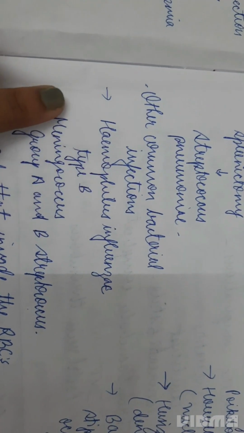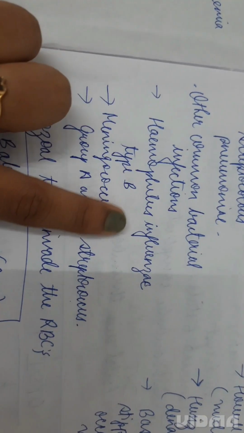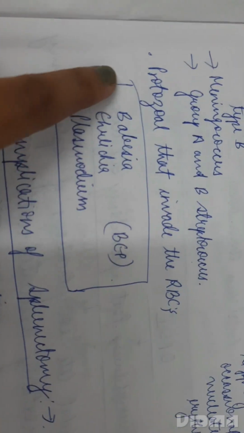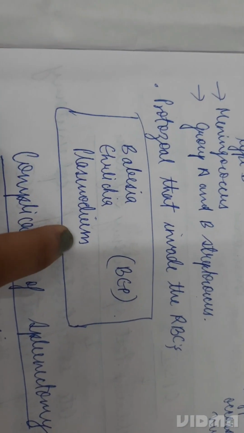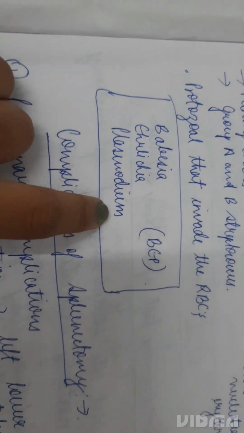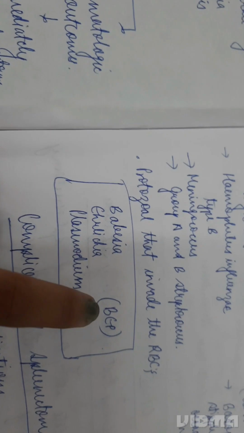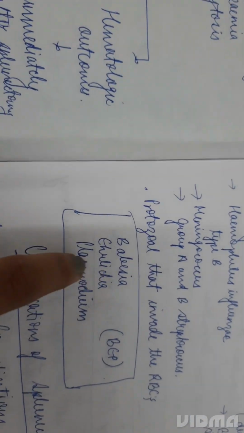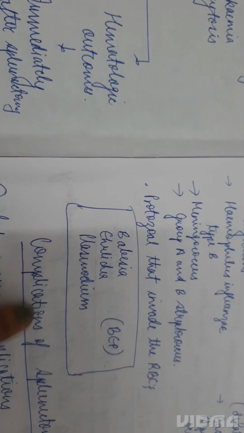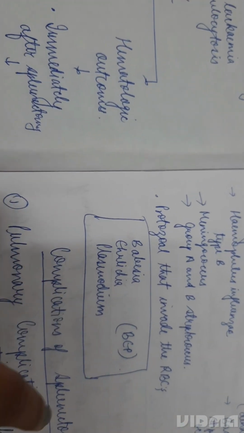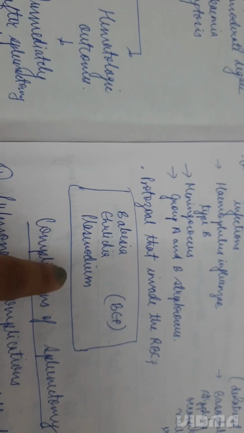The most common infection after splenectomy is Streptococcus pneumoniae. Other common bacterial infections are Haemophilus influenzae type B, meningococcus group A and B, and streptococcus. Protozoa that can invade RBCs are Babesia, Ehrlichia, and Plasmodium. Plasmodium species cause malaria.